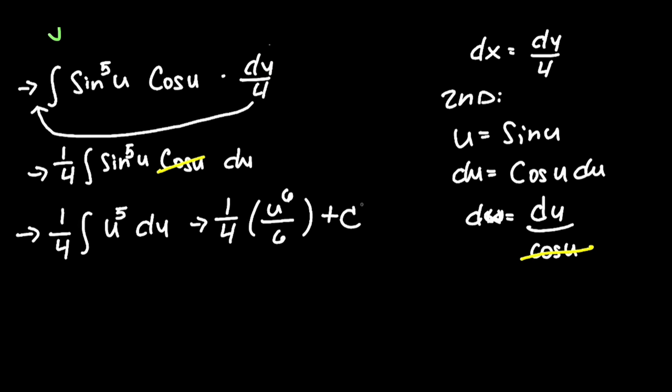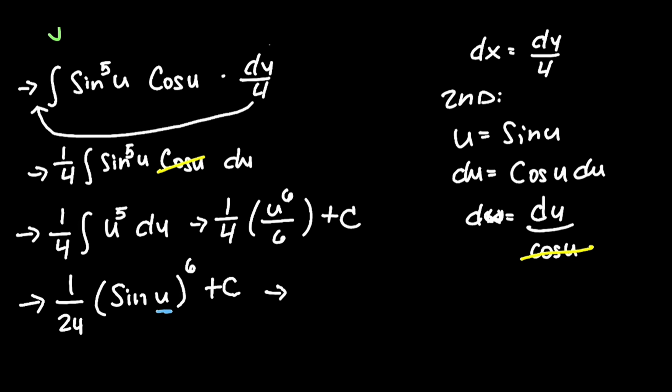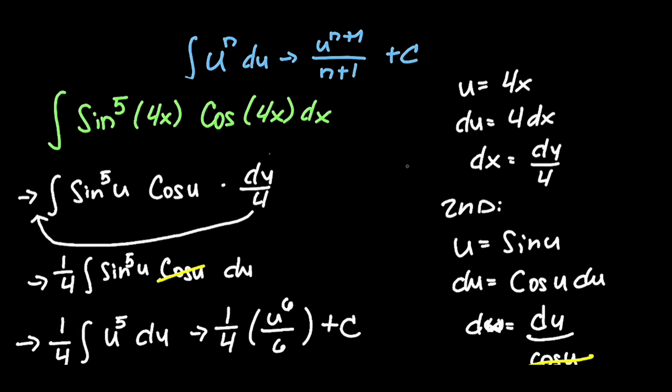So the final answer would be 1 over 6 times 4 is 24, and multiply that by resubstituting u back, which will be sine of u raised to the power of 6 plus c, and this u here corresponds to the original u, which is 4x.